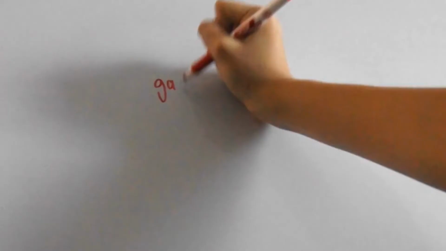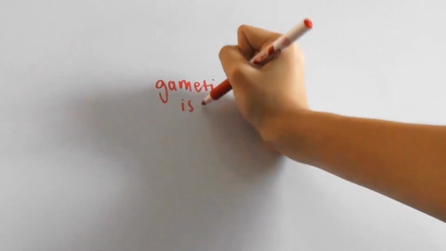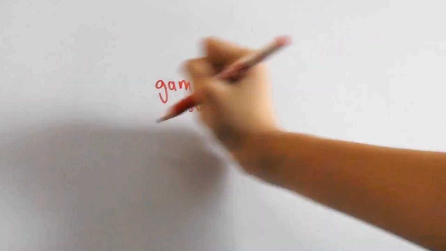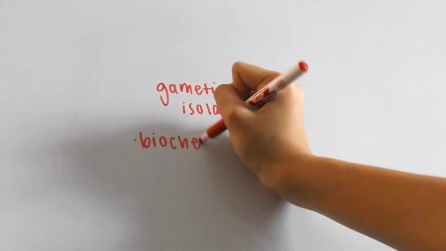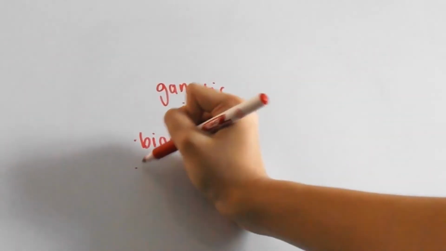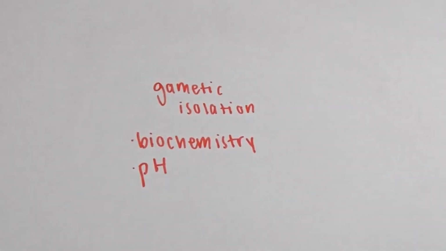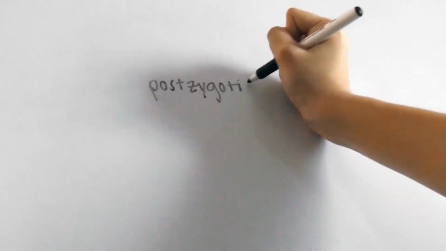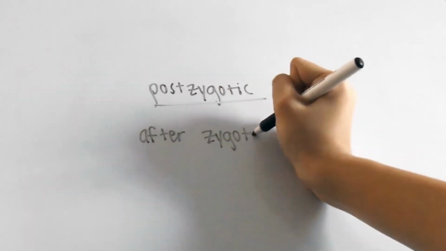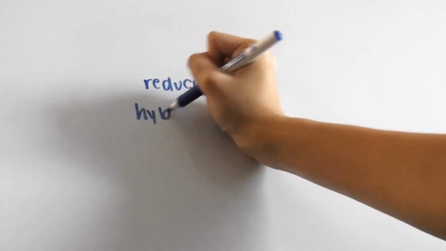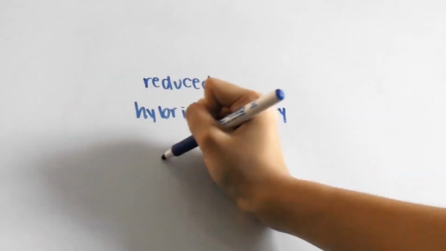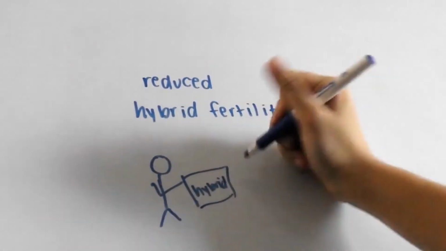Finally, there's gametic isolation, which is when sperm of one species are unable to fertilize the eggs of another species, simply because of biochemical mechanisms, pH, or other variables. We've also got 3 postzygotic barriers, or postzygote, meaning after the zygote forms. We already talked about the horse and the donkey, and that's an example of reduced hybrid fertility.